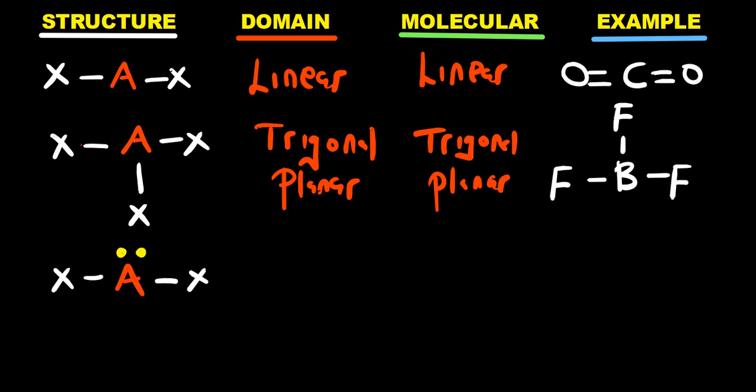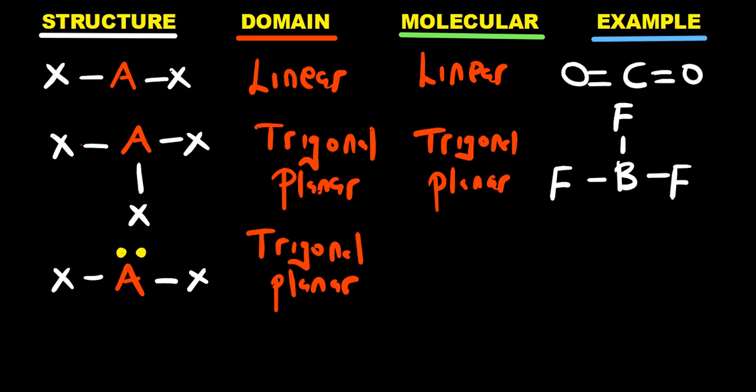Lone pairs are just electrons that are not bonded to anything. So these ones are bonded to A, but these lone pairs are not bonded to anything. So this one is also a trigonal planar. How? Because it's connected to three things.